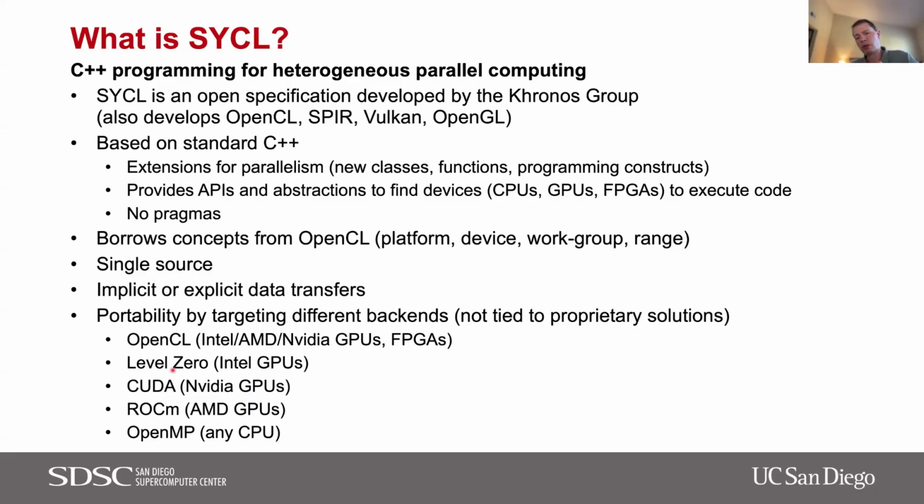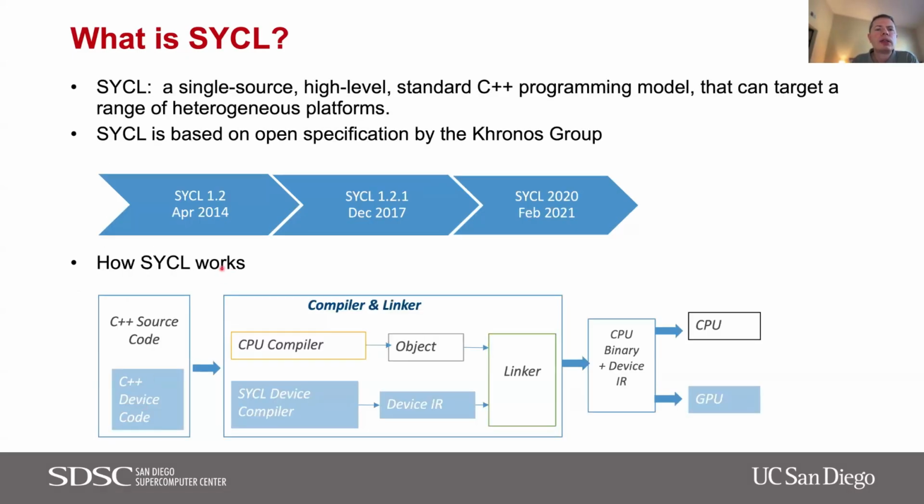So you don't have to write OpenCL code, but you can write SYCL code, and then it uses an OpenCL backend to run on Intel, AMD, or Nvidia GPUs or FPGAs, or the specific graphics backends for AMD, Nvidia, and Intel GPUs, Level Zero, CUDA, and ROCm, or it can target OpenMP, so you can run in principle code that you write also on any CPU, right? So with multiple threads. And yeah, so we can target a range of heterogeneous platforms.